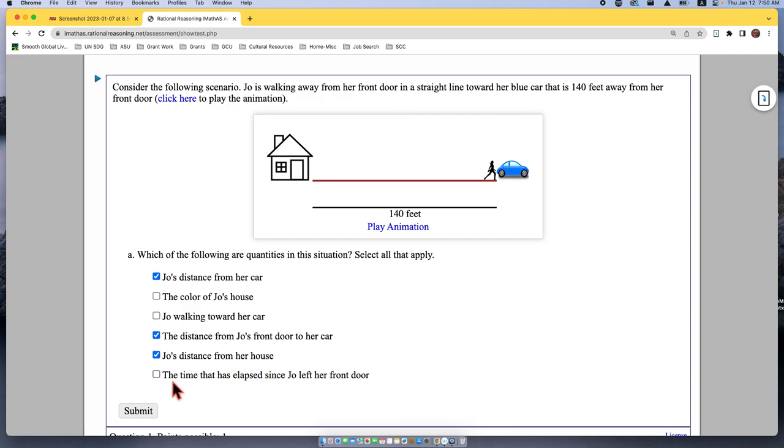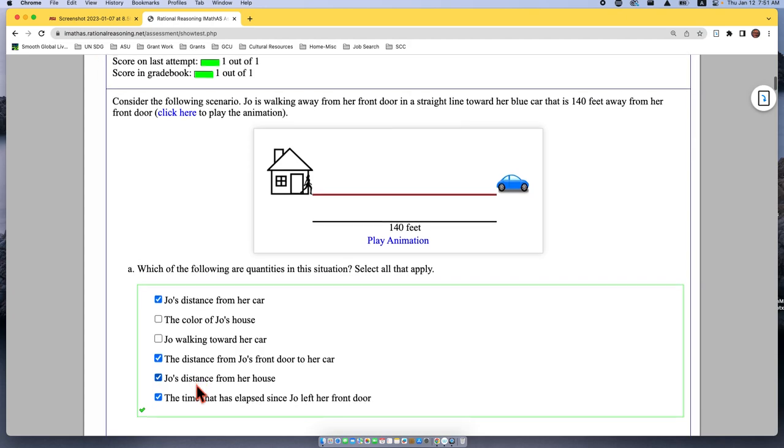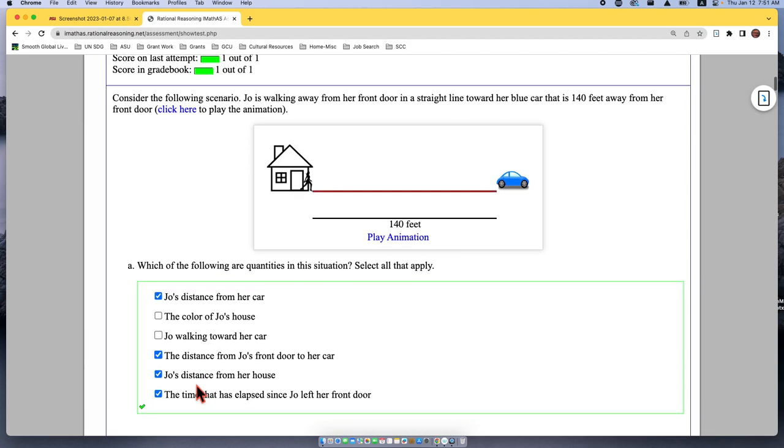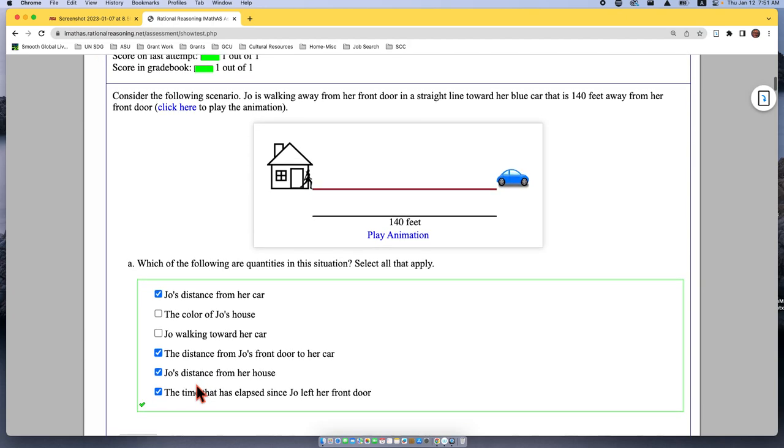So they're starting to get us to think a variable has to be something that can be measured as a number, and it can vary, right? It's not just one value, it could be multiple values. Now, and then you could submit it, and we got them all right. If we got one wrong, we can do this multiple times, okay?